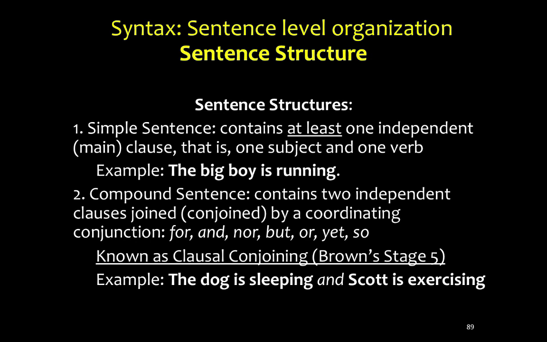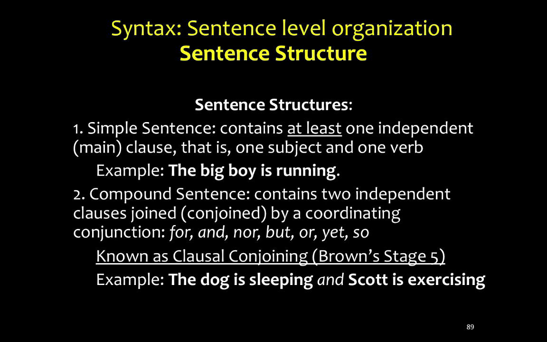So now let's look at the 4 sentence structures that we'll also be tracking as part of syntactic development in the class. So first there is the simple sentence structure. This sentence contains at least one main or independent clause, and that is one subject and one verb, where the clause can stand alone.